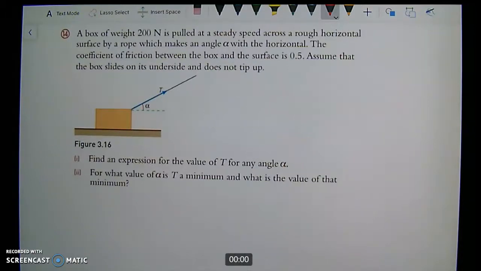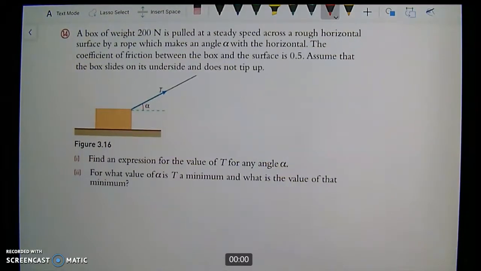You'll see this question: a box of weight 200 newtons pulled at a steady speed across a rough surface by a rope, and there's a tension T in the rope, and we're told the coefficient of friction is 0.5, and if the box slides without tipping, two things we've got to find: an expression for the tension in terms of the angle, and we've got to find for what value of alpha the tension force will be a minimum.